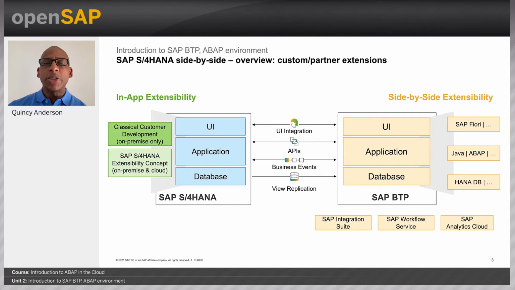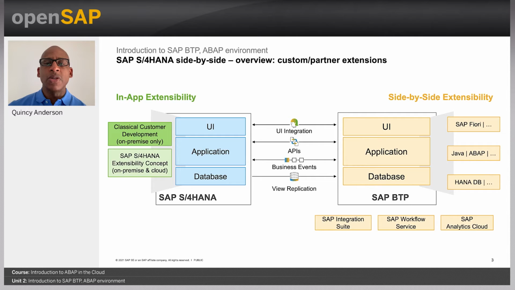Extensions that are much larger in their scope, involving complex business logic, extensive UI design and development, and needing code checks, testing, and debugging, are done using side-by-side extensions. Side-by-side extensions are implemented and run on BTP and are decoupled from S/4HANA.